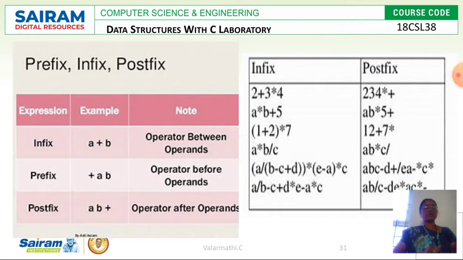So 2 3 4 star plus is the exact postfix conversion of this infix expression. Likewise, the conversion goes on. So this is the theory of how an infix operation is converted into postfix. I hope you understand this.